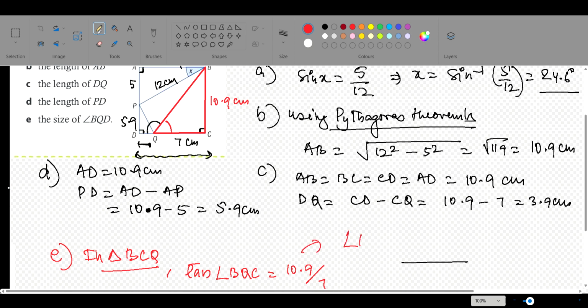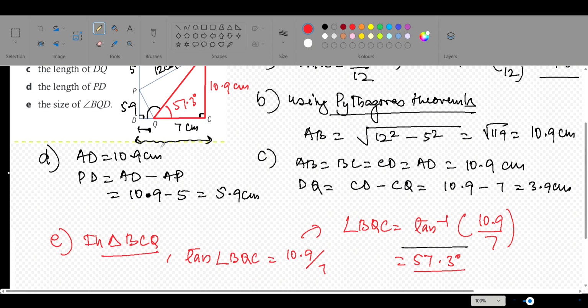Angle BQC is nothing but tan inverse 10.9 over 7. And it is 57.29, 57.3 degree. This is 57.3 degree, right?